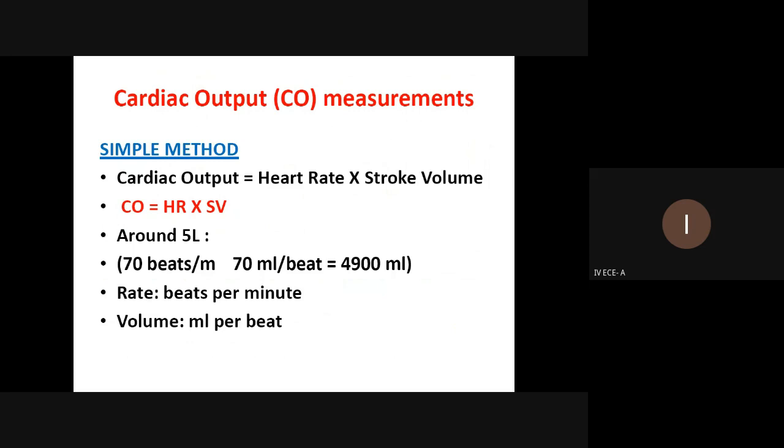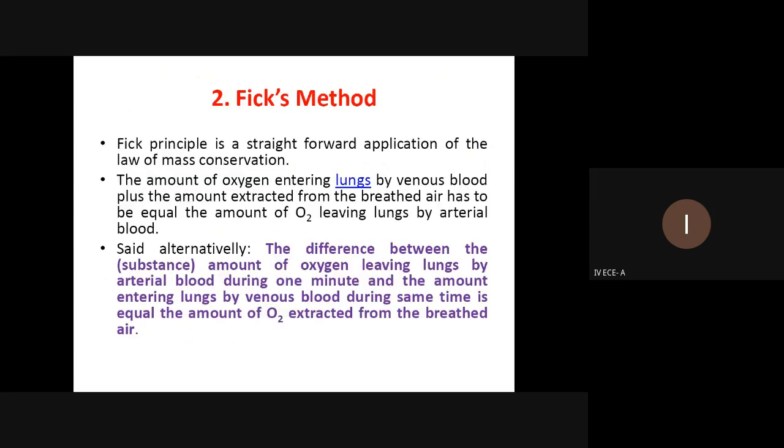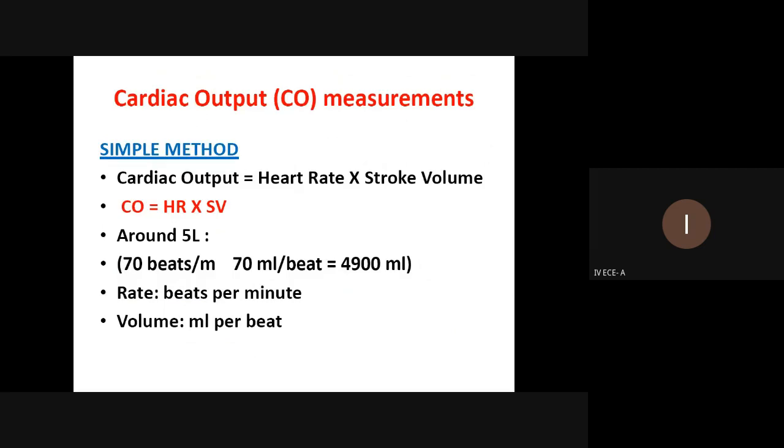Around 5 liters, with 70 beats per minute and 70 milliliters per beat. Rate is in beats per minute, volume is in milliliters per beat. We just calculate by touching the person and counting the beats per minute.